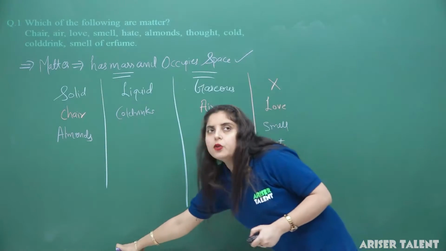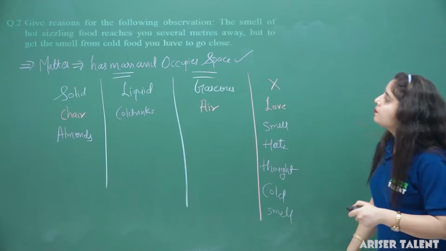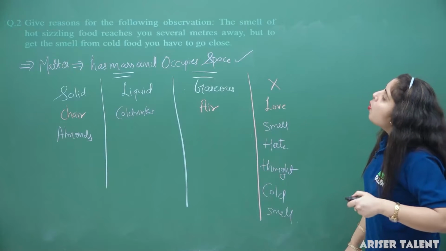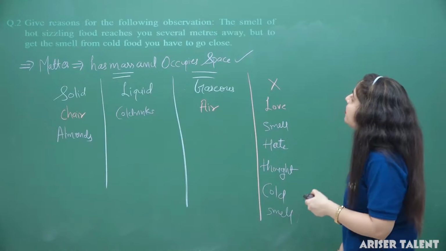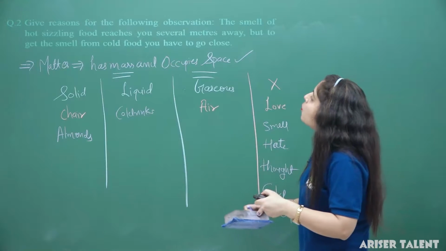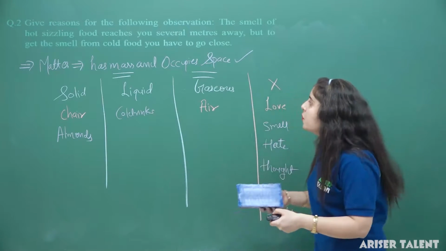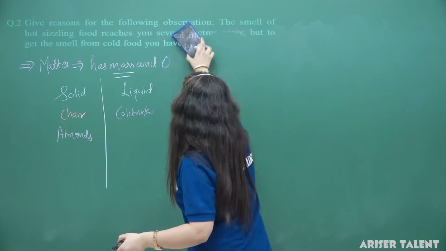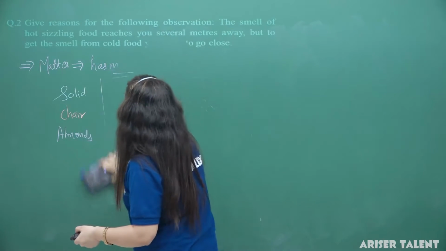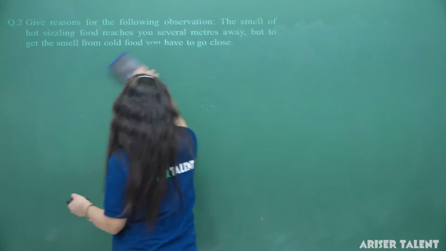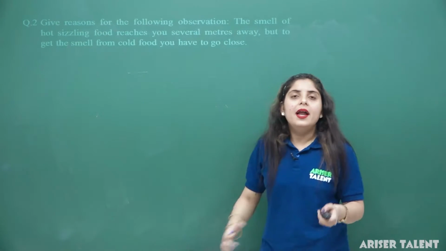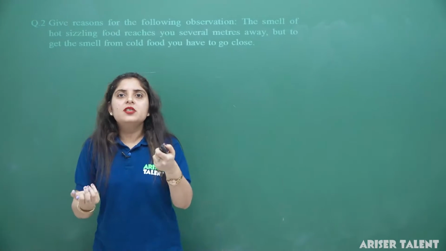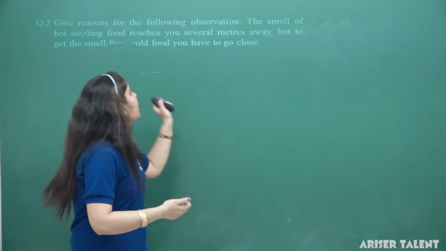Now coming to our next problem: give reasons for the following observations. The smell of hot sizzling food reaches you several meters away, but to get the smell from cold food, you have to go close. When our mother cooks special dishes in the kitchen, we get the fragrance of aroma particles, which come to our nose very directly.